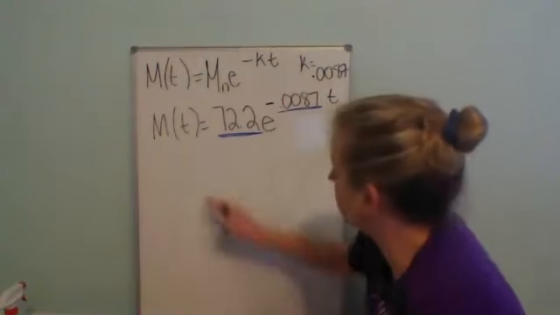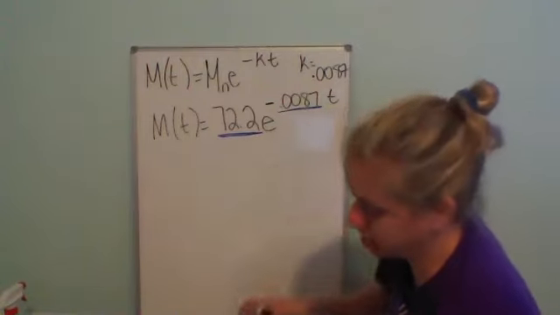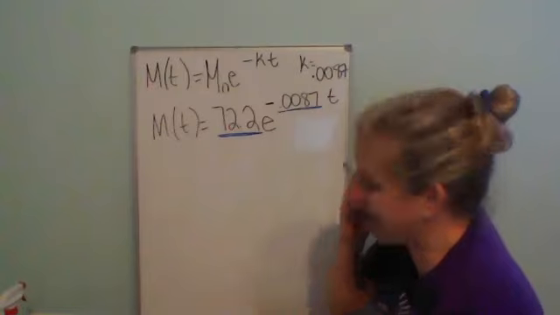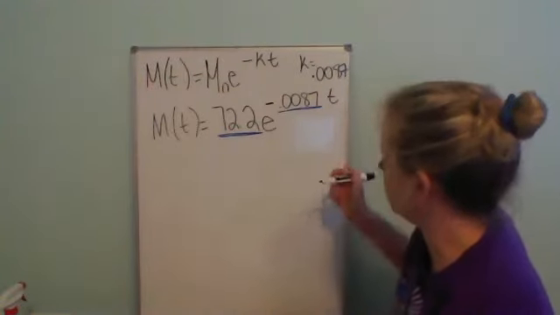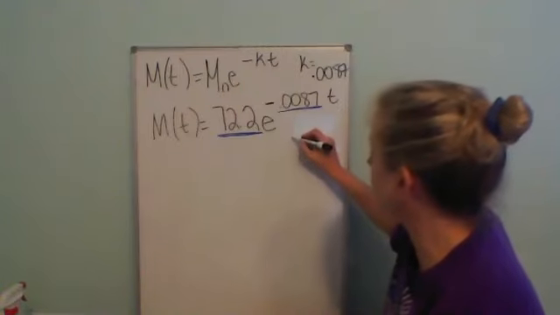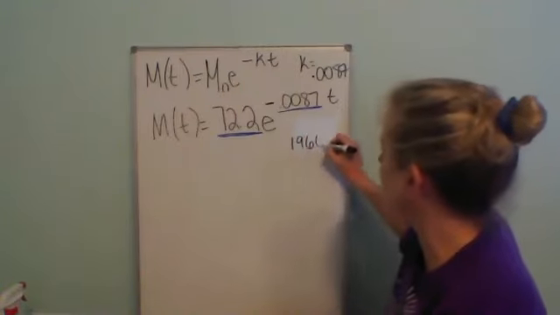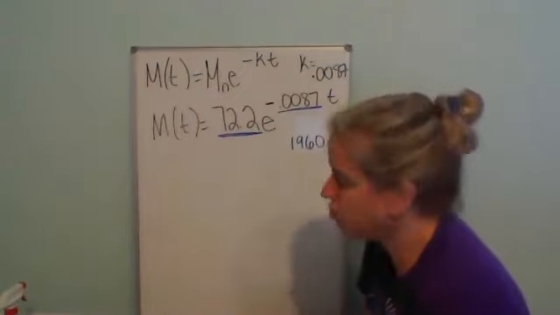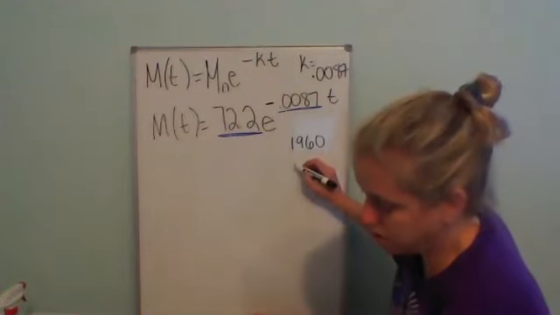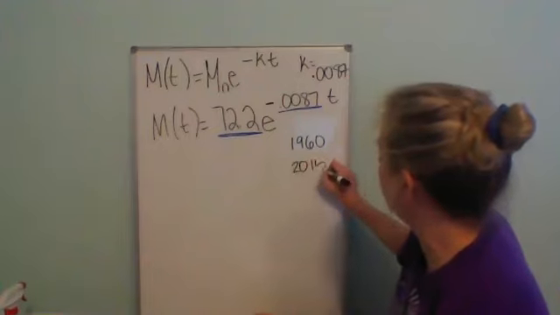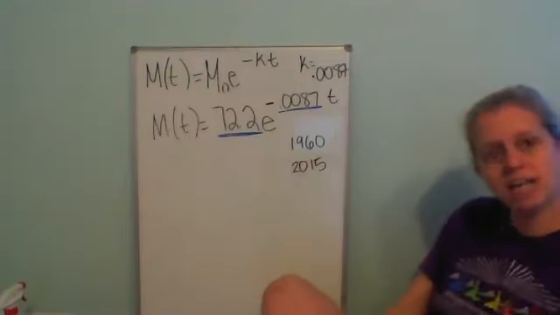Using this formula now, since I know the rate, estimate the percent of adults who are married in 2015 and then again in 2018. So let's think about what the chart was saying. What was the beginning year? Remember, the beginning year was 1960 from that chart. If the beginning year was 1960, and it wants to know the percent of adults who will be married in 2015, how many years is that?